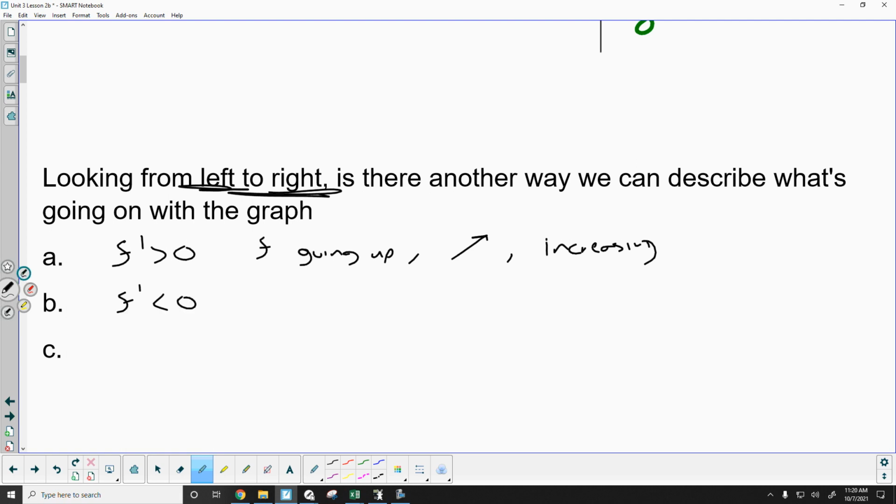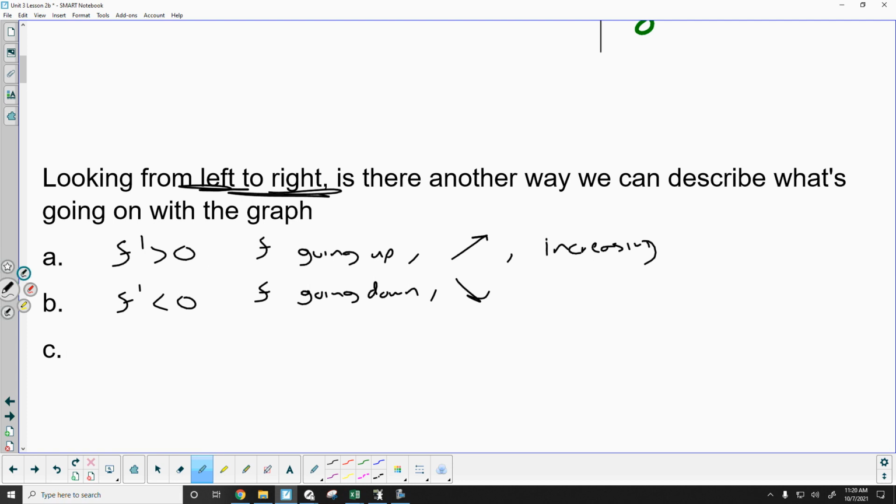Another way to say a derivative is negative is to say it's less than 0. My translation is not that f prime is less than 0; I'm saying f prime is negative, and then I write that. Negative values are less than 0. If f prime is negative, f is going down. You draw an arrow going downward from left to right.